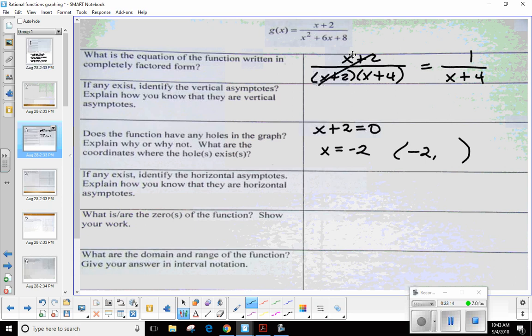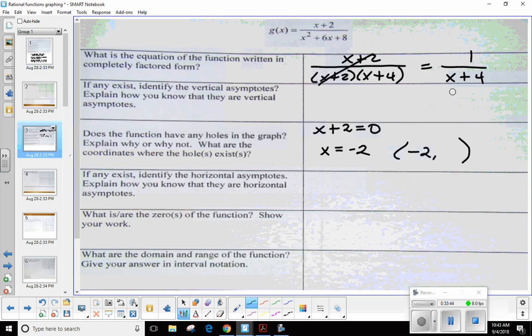So I know that we have a hole at negative 2. Simeon, how do I find the y value that corresponds to it? Raphael says plug it into all values that aren't canceled.